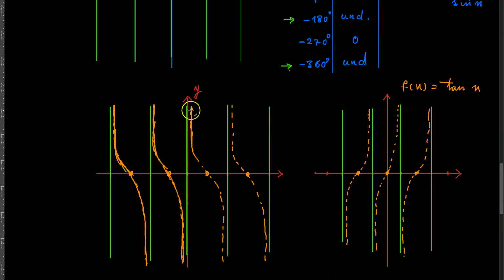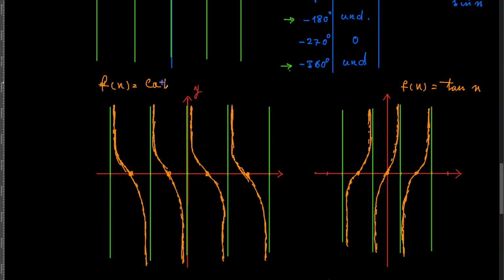And you need to take note of this behavior of the function and see what it's doing, and then you will be able to use this function, meaning that, for example, you can see that this is y is equal to, or f of x is equal to cot x, right?